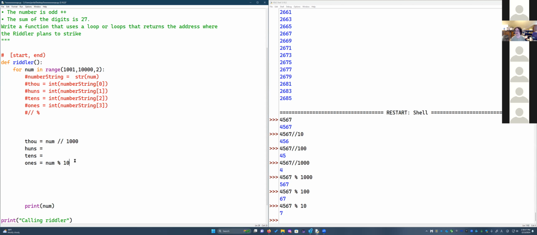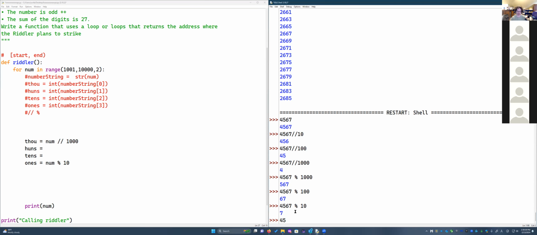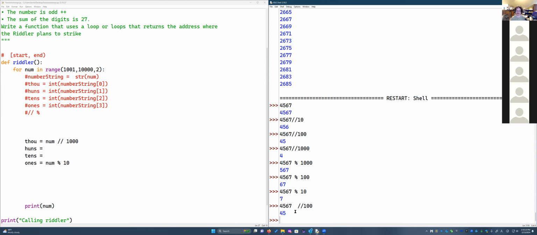Joshua again. "For the hundreds place, I just divided by 100, and then I did modulo 10." Let's test it over here on 4, 5, 6, 7. Did you say modulo by 100? No, divide by 100. So if we divide by 100, that gives us this, and then you modulo by 10 to get the last digit of that.